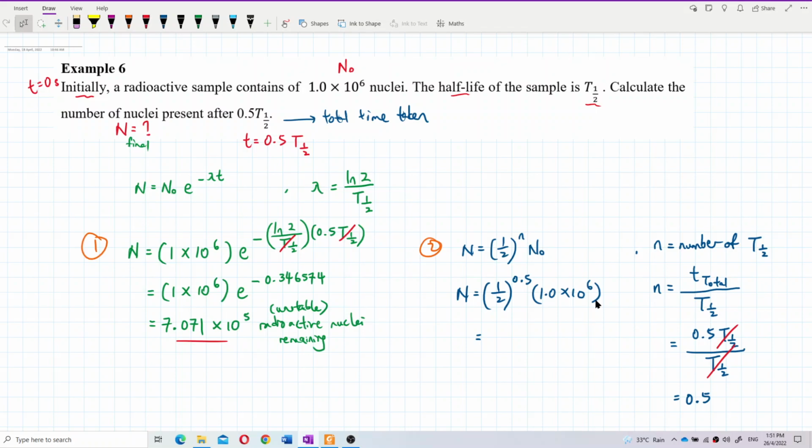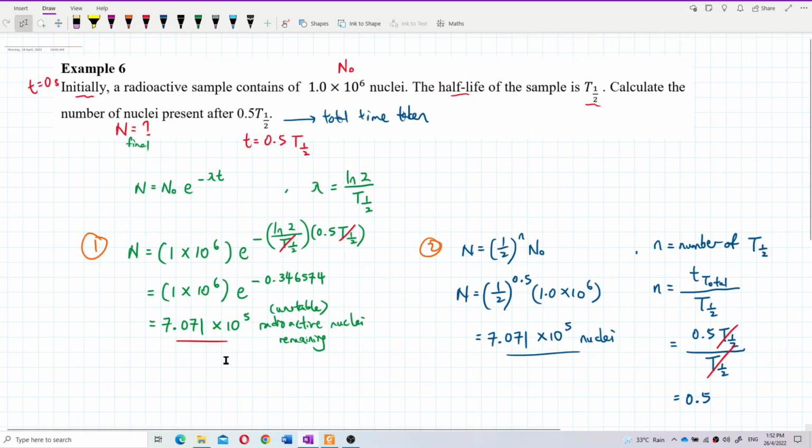I got the answer 7.071 exponent 5 nuclei remaining. So you see the answer is the same.